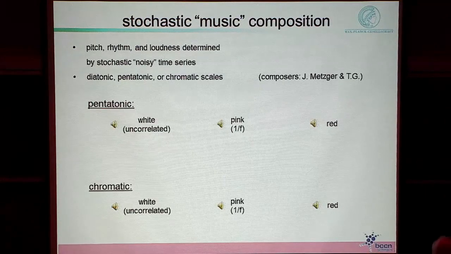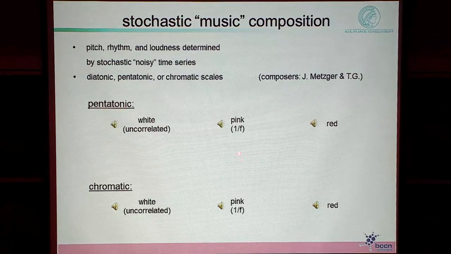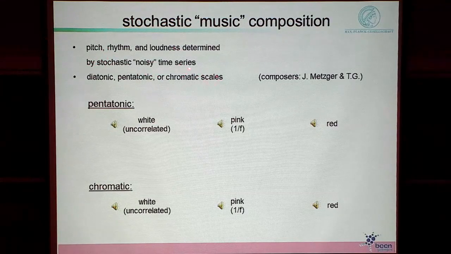Now you might ask, why does music in the melodies show 1/f noise, or these long, slowly decaying correlations, without scale, self-similar correlations? Well, I give you an answer by playing music, some kind of music that we created by using 3 stochastic time series, random time series, for the pitch, the rhythm, and the loudness.